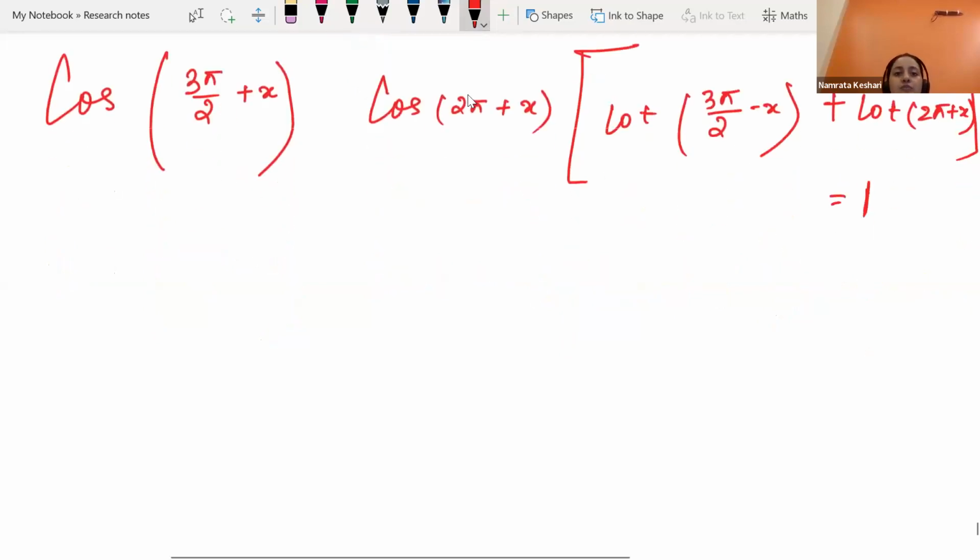Let's do it. RHS we have to do. Let's work on LHS. Cos 3 pi by 2 plus x is what?